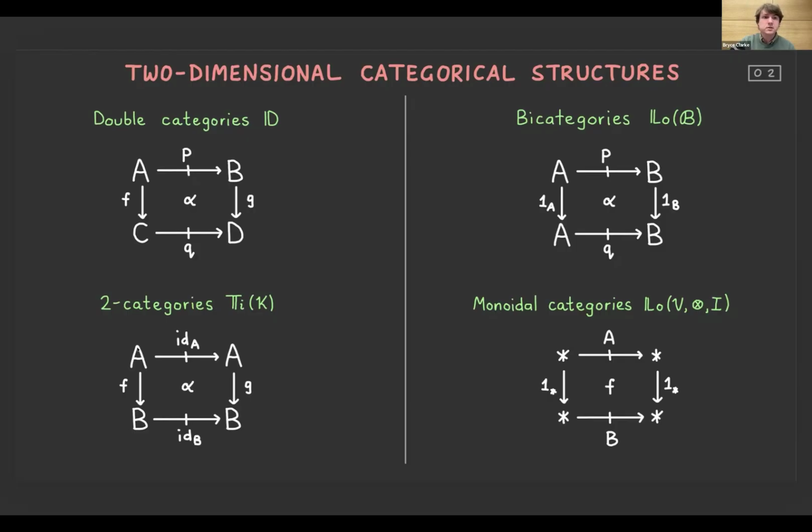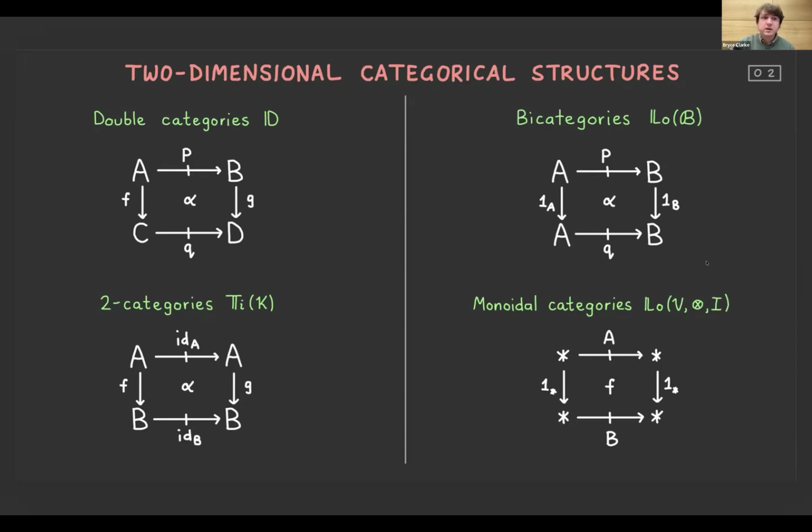Then you've just got objects, type morphisms, which we can draw vertically like this, and some cells, alpha, that go from F to G. This will be a 2-category, the underlying 2-category of a double category. Moreover, any double category that has all of its loose morphisms identities is the same as just a 2-category K, for instance. So that's one simplification we could do.